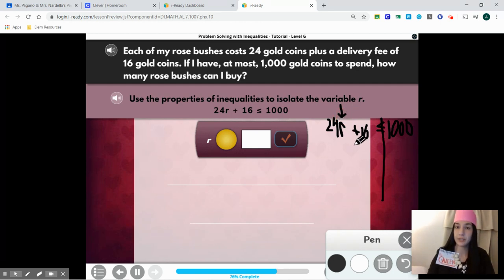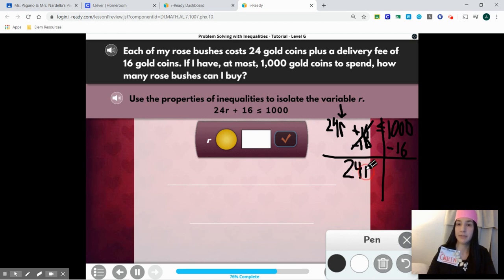The first thing we're going to do is subtract our 16 from both sides. I'm going to write that. That's a 16 minus 16. These will cancel. Everything else is going to come down exactly how we see it on this side. So we're going to bring down our 24R.